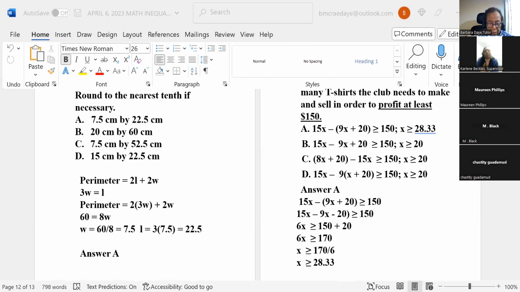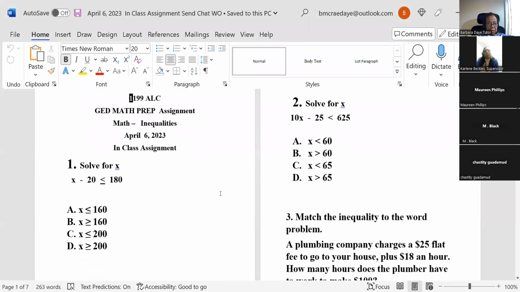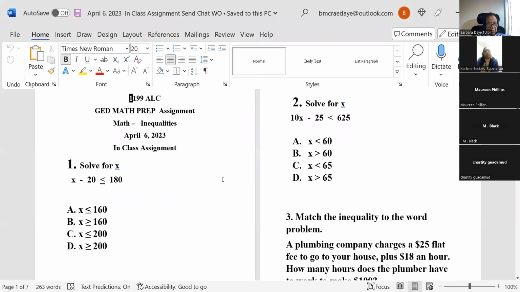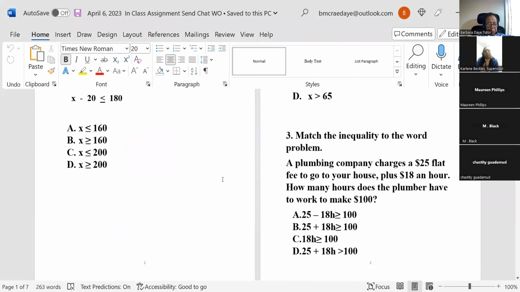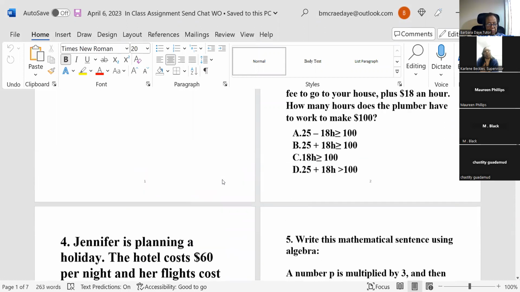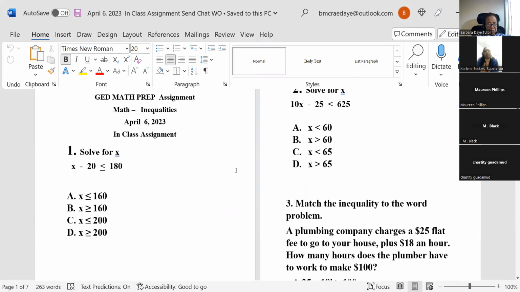Okay, I'm gonna bring up, and wait, I don't have time to do them, but this is the one I want you to do and send me your answers in the chat. Which ones, miss? These? Yeah, 1, 2, 3, 4, and 5. Just send me your answers in the chat. Okay.